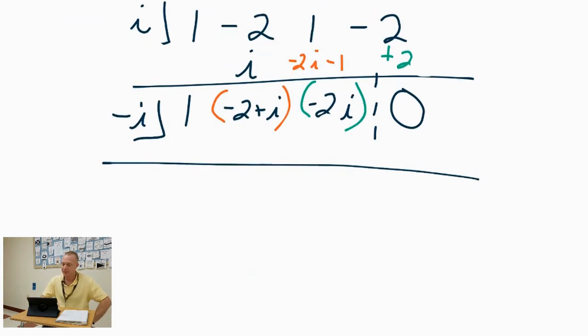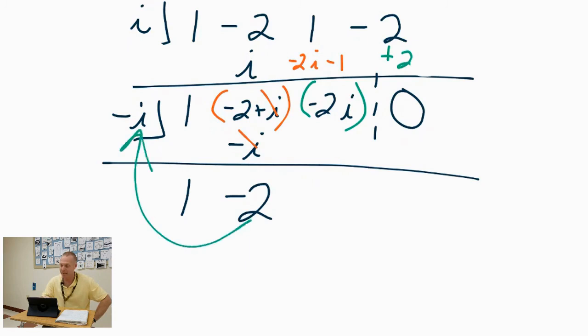All right, now check this out. You drop down your 1, you multiply these together. That gives you -i. You add -2 plus i and -i. Yep, it cancels out to just be -2. We get these i's to cancel out, so we're going to multiply these together.